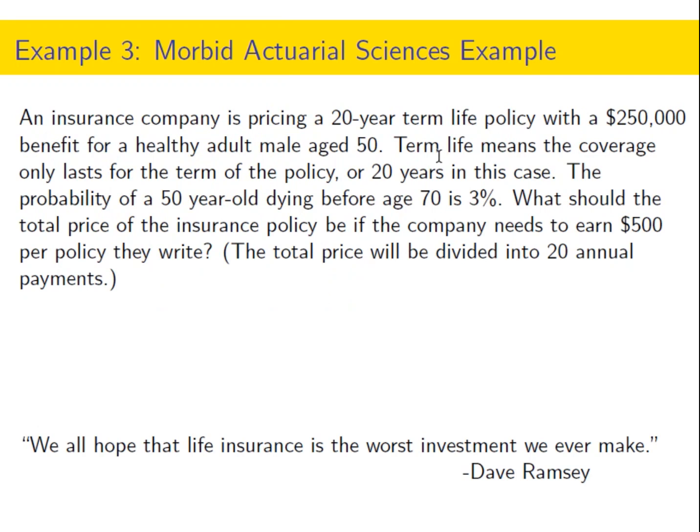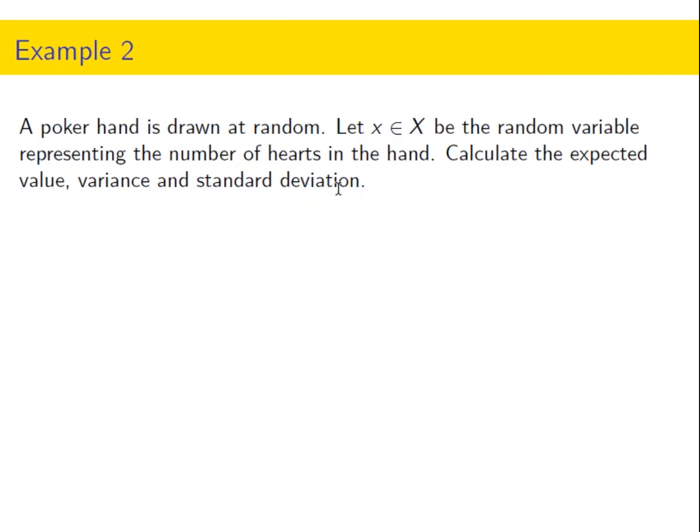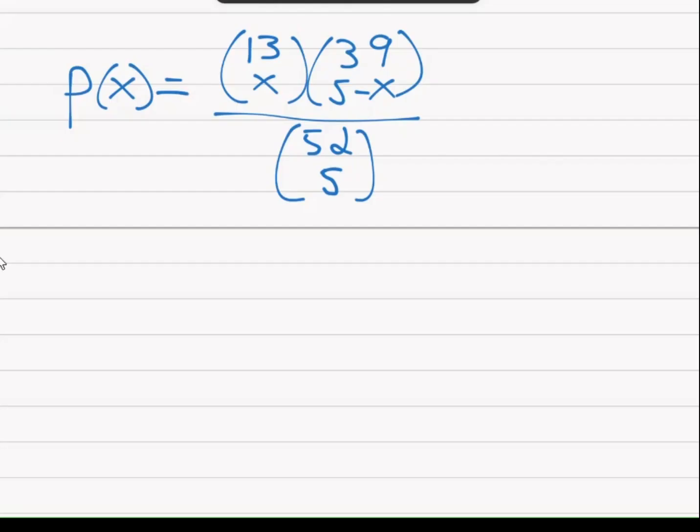So let's jump down to example 2. This is a poker hand, and we've done this example before, so I just wrote down the probability density function. We're choosing hearts to go into our hand. So 13 choose x, so whatever number. Like if x is 2, we do 13 choose 2 because we have 13 hearts.